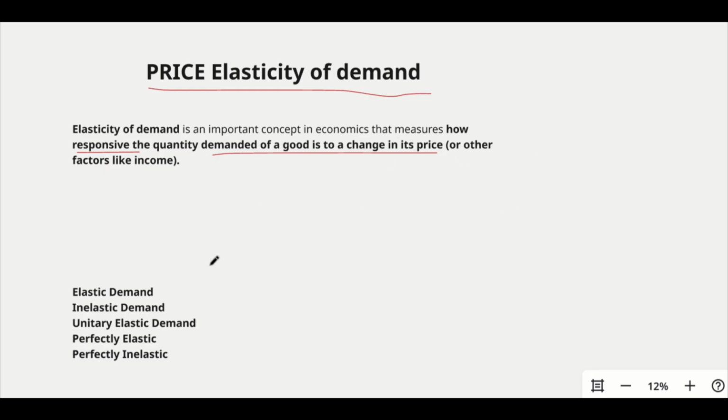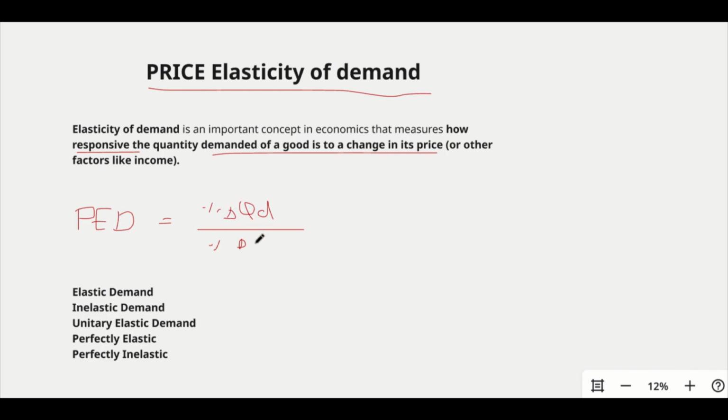Okay, how they change. So, what is the equation for price elasticity of demand? It is equal to the percentage change in quantity demanded divided by the percentage change in price.